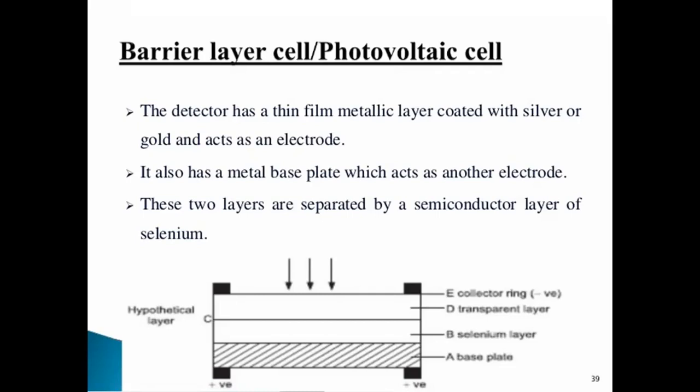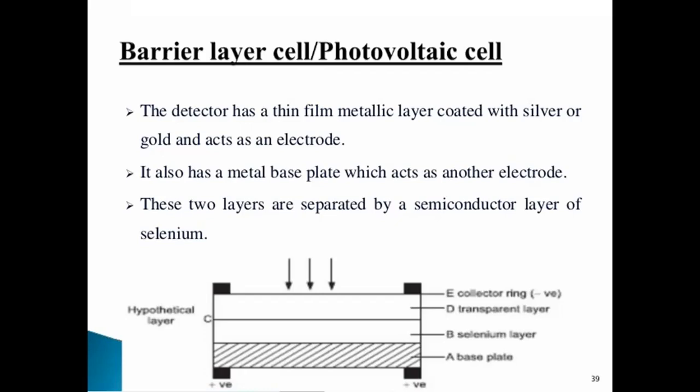As soon as the light falls on the surface of a photosensitive material, excitation of electrons takes place, and the electrical signal or energy content changes. On this principle of the photovoltaic cell, the barrier layer cell works.